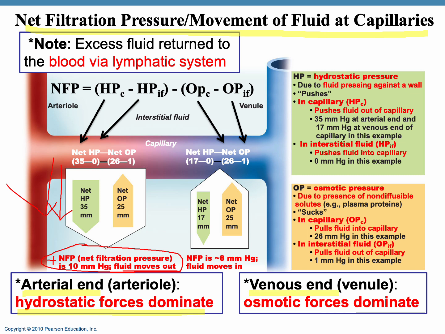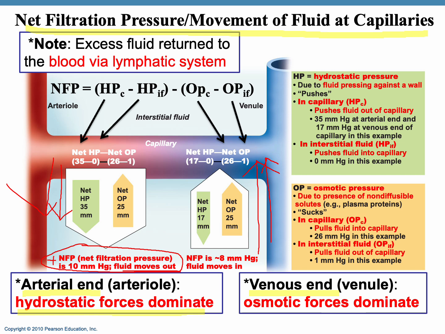So looking at the venous end of the capillary, the major pressure here is going to be that colloid osmotic pressure. And this is kind of a sucking pressure that's going to be sucking that fluid back into the capillary. Okay, so at the arterial end, you have the movement of the fluid going out to interstitial fluid. And then on the venous end over here, you're going to have the fluid being sucked back into the capillary.